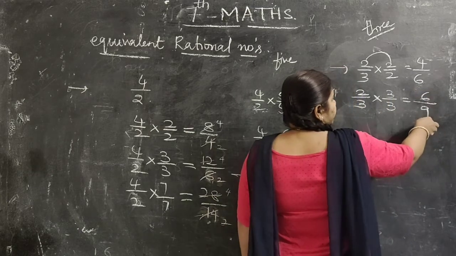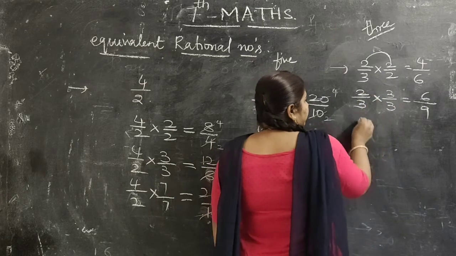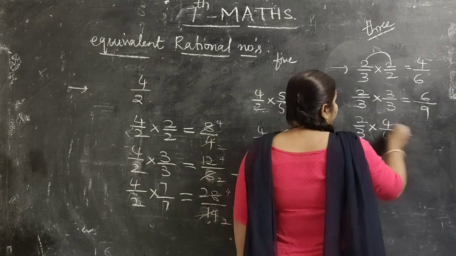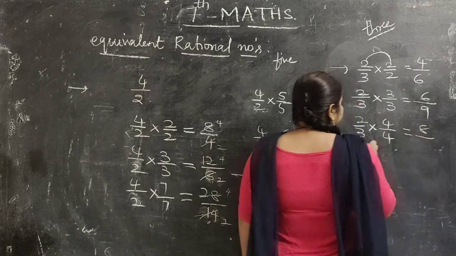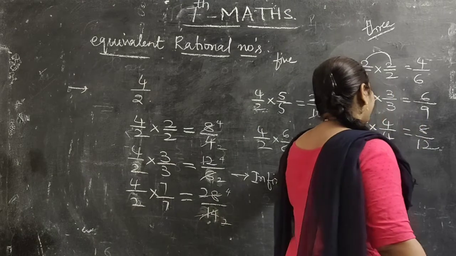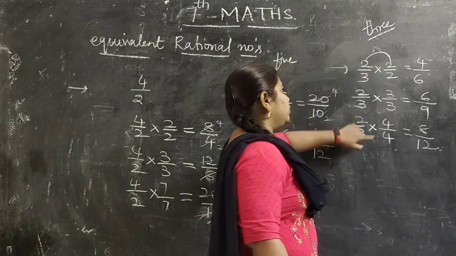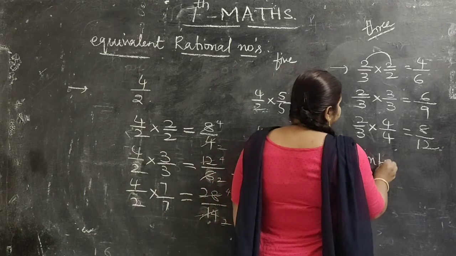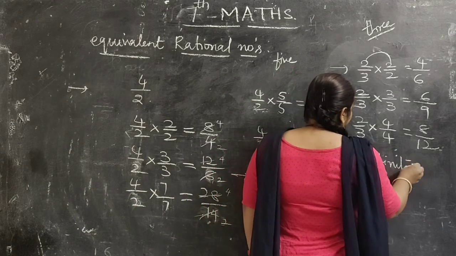So 6 by 9 is the equivalent fraction for 2 by 3. In the same way, 2 by 3 into 4 by 4. 2 4s are 8 by 3 4s are 12. So 8 by 12 is also an equivalent fraction for 2 by 3. So like this you can find how many equivalent fractions? You can find infinite number of equivalent fractions.